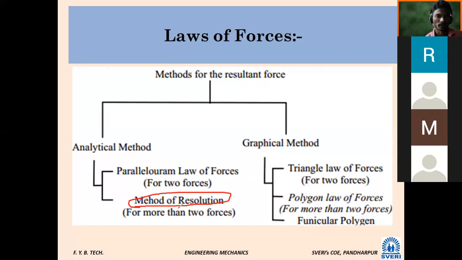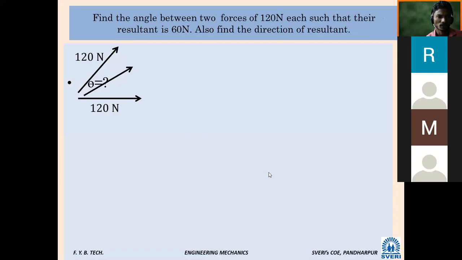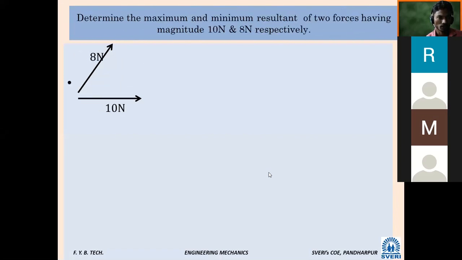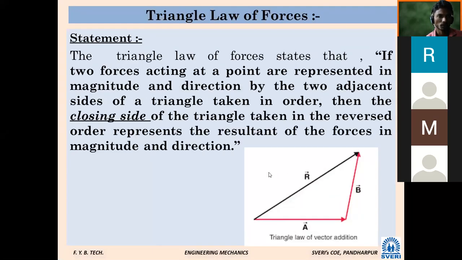Then R is equal to the square root of summation Fx squared plus summation Fy squared. And theta, the angle made by the resultant, is tan inverse of summation Fy divided by summation Fx. Very good. These problems, all problems, we have solved and they are in your notebook. Now today we will see the triangle law of forces, only the statement.